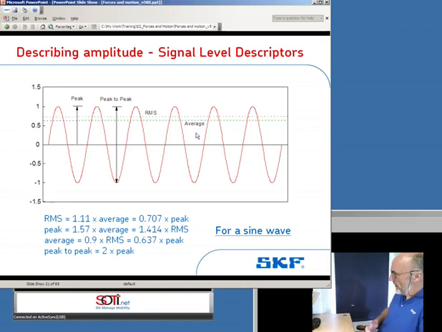When we've got the pendulum oscillating, we could talk about the total excursion from left to right. So in my case, if I get it swinging nice and large, you can see it swinging backwards and forwards. I can talk about the total excursion from far left to far right, and that is called the peak-to-peak value. And on our graph of the sine wave, there it is, the peak-to-peak value.